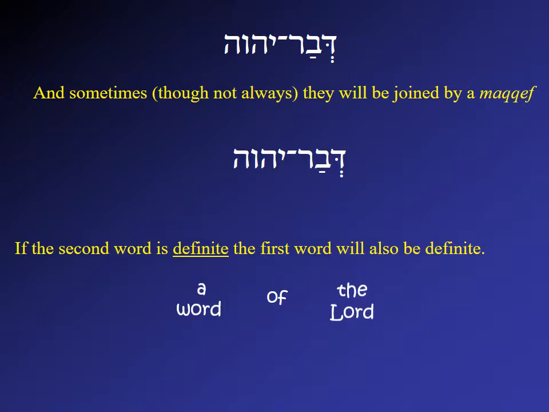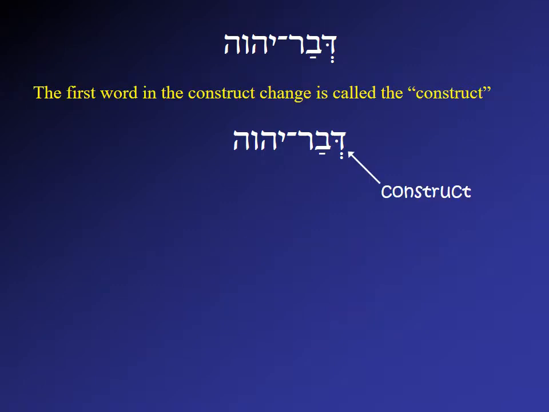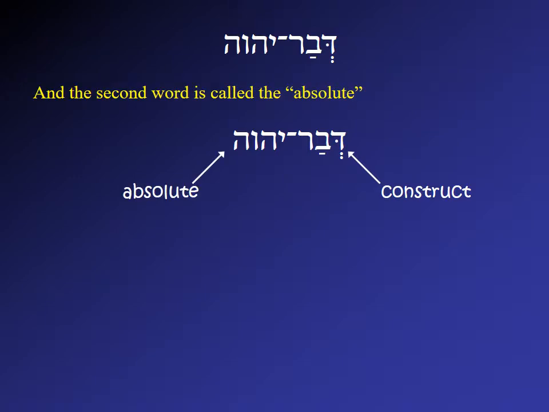So a construct chain is either all definite or all indefinite. So here, a word of the Lord is really the word of the Lord. Now, in the construct chain, the first word, davar, in this case, is called the construct, and the second word, or the final word, in this case it's the second word because we have a two-word construct chain, is called the absolute. So the construct, davar, the absolute, Adonai.